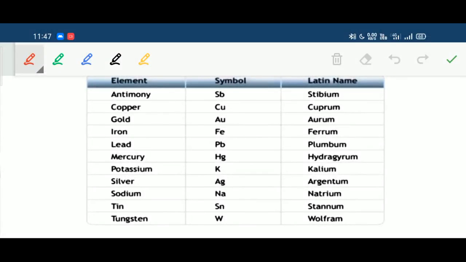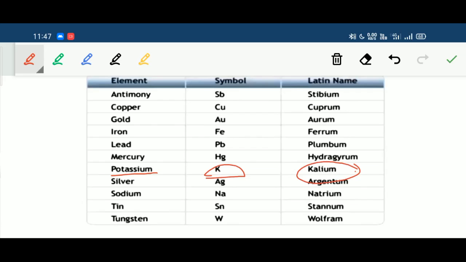In some cases, symbols of the elements are derived from their Latin names. For example, symbol of potassium is K, which is derived from Latin name Kalium. Potassium in Latin is called Kalium, so letter K is derived from Kalium, which is used to represent potassium.